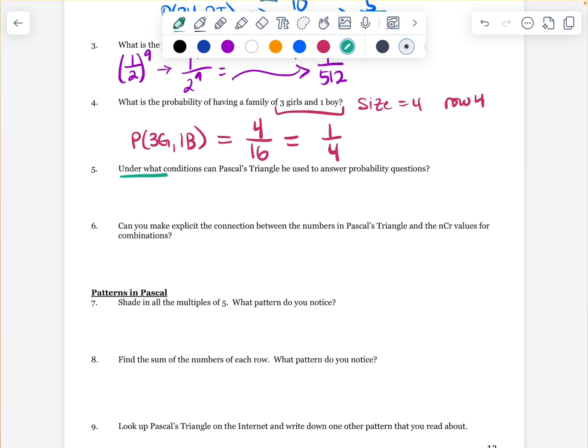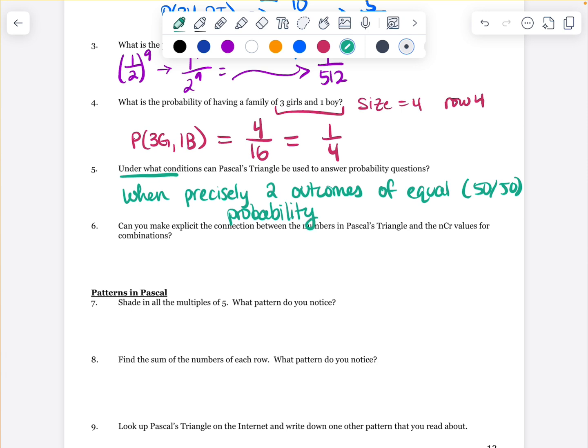Under what conditions can you use the triangle? When precisely, so no more, precisely 2 outcomes of equal, aka 50-50, probability are present.